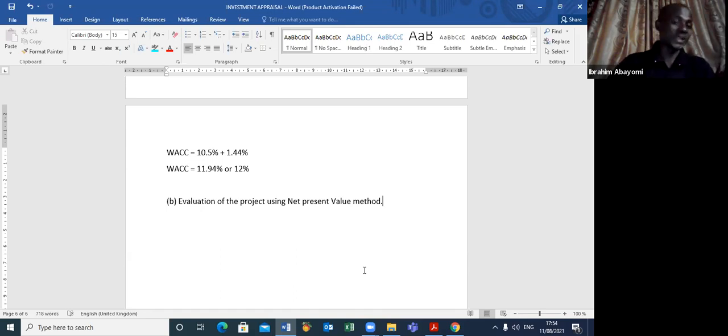The question did not ask you to compute net present value, but the appropriate method there is net present value. But I will not tell you now. When we get to APV, I will tell you where you use NPV and where you use APV. The question might not tell you to compute NPV. If it just says evaluate the project, you must choose between APV and NPV.